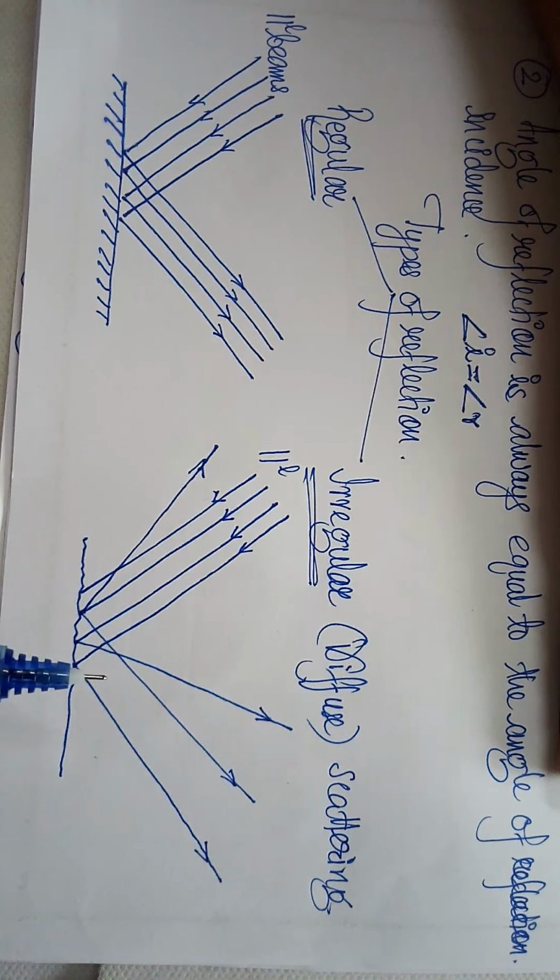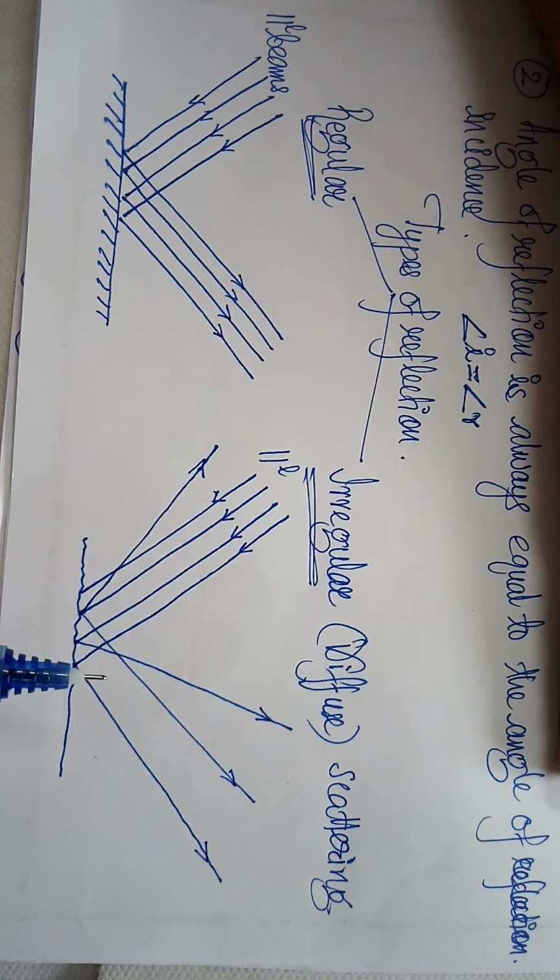And in regular reflection, the angle of incidence of all the parallel rays of light falling on the smooth surface is the same, and hence the angle of reflection for all the rays of light is also the same.